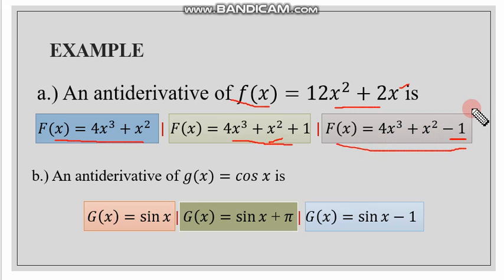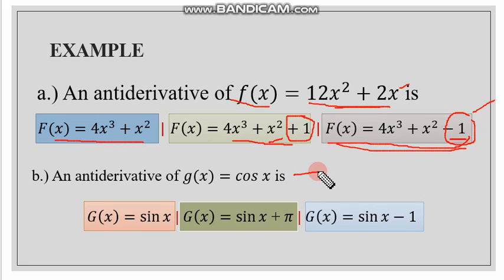Again, the derivative of this one is 12x squared plus 2x. So it means that whatever constant you add or subtract, it is still an antiderivative of that function.